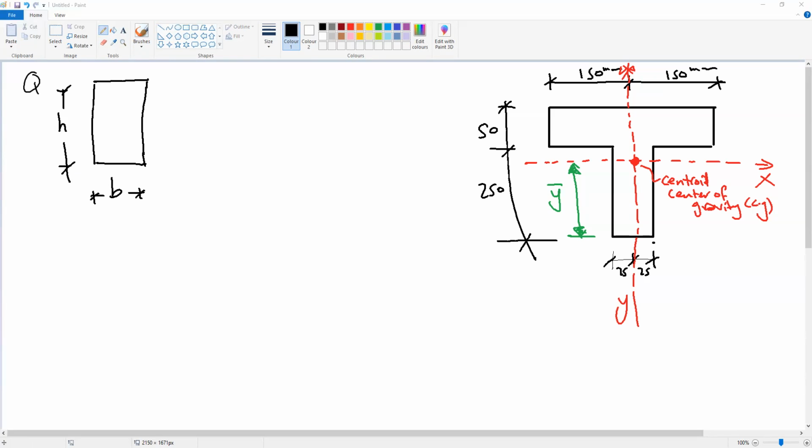Because this is a symmetric cross section, the centroid will be at the center. X is a symmetric axis, so x is in the center. Y also is a symmetric axis, so it will be in the center. Okay, so the centroid for this section will be somewhere here.